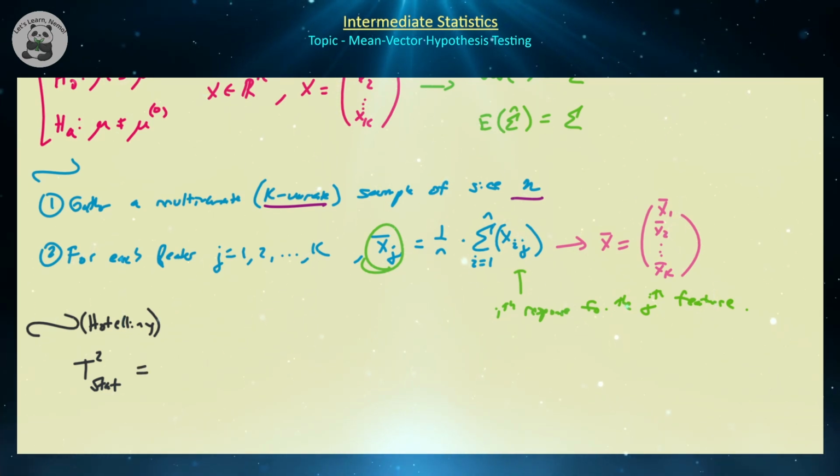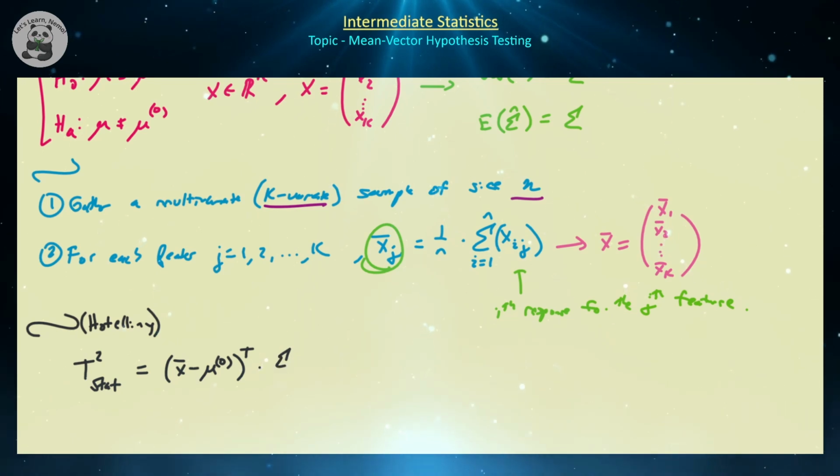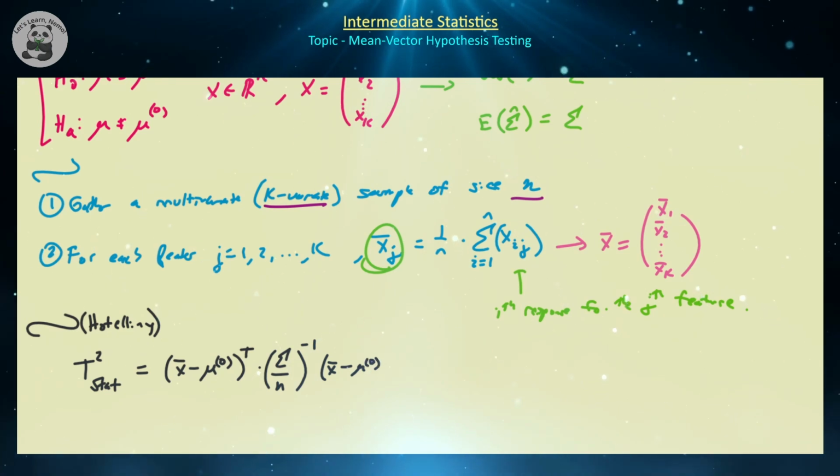This is equal to our sample mean vector x bar minus the claimed vector mu0, transpose, times the population covariance matrix, if you happen to know it, divided by n, inverted, and then x bar minus mu0. We have already been through where this formula is motivated from.